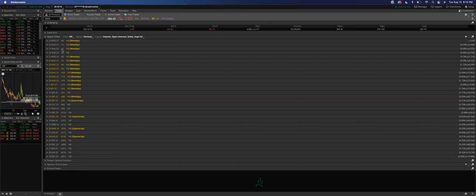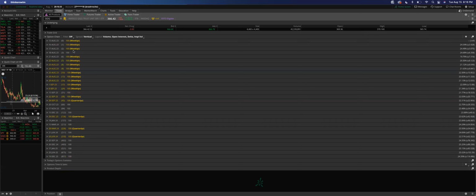Let's talk about what contracts we should be picking. If you want to make it super simple for yourself, even if you are day trading something, you should be buying at least a week out, if not 30 days out. If you are planning on holding it overnight, you really should think about holding them longer than that, so at least 30 days to expiration.